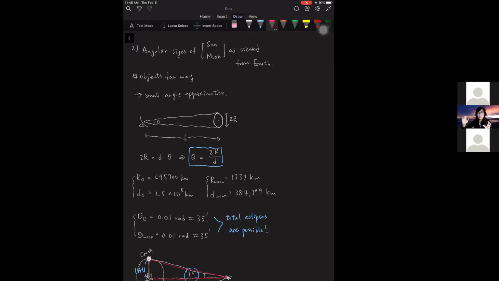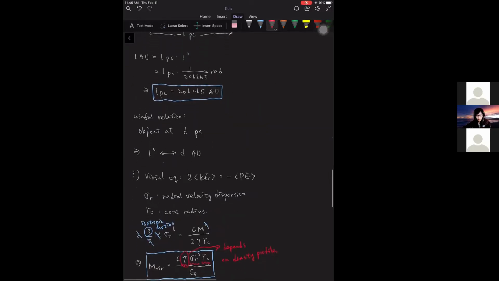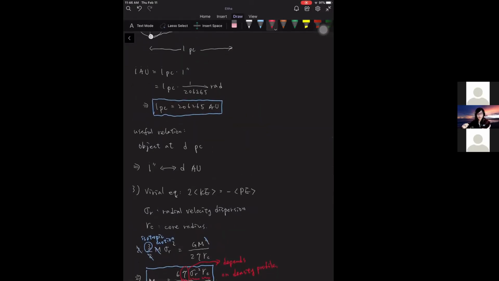When we observe an object, there will be an angle extending out through the object. And by the useful relation I mentioned, for any object at d parsec, 1 arcsecond will correspond to d AU. Maybe I should draw another plot here.